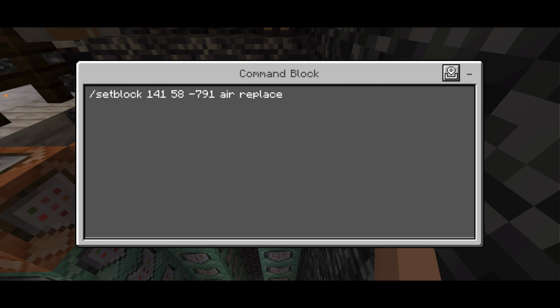And if we want to make sure that the entire chain of command blocks received redstone, received the charge, then the first command block is going to replace that redstone block there with air.